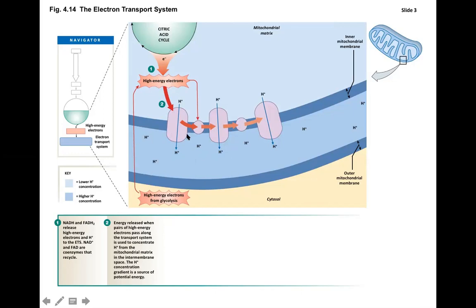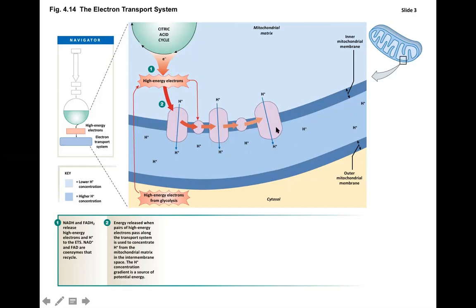So now you have this high concentration of protons, and this high concentration of protons is a very good source of potential energy. These protons have the potential to move back to an area of low concentration, but they're kind of stuck here right now. They don't really have a method to go through. They can't go back through these proteins, and they can't pass freely across the membrane.